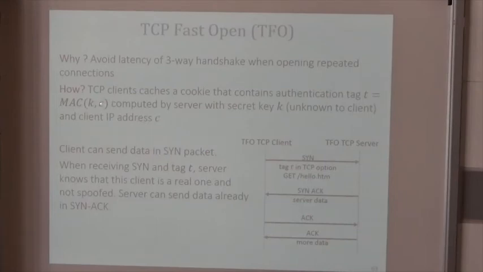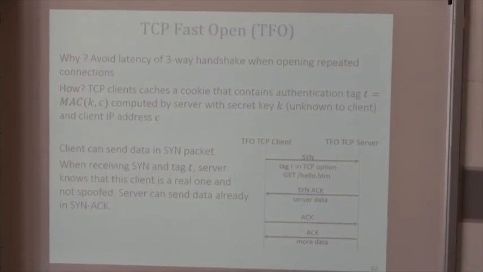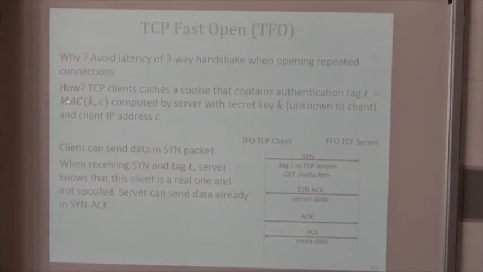So that's the same idea I said about cookies. So here is in detail how this cookie is done. You compute, using a cryptographic hash function, what is called a tag. A hash function is something that computes a number between 0 and 1, or a sequence of 64 bytes, for example, that appears to be completely random, but is in fact completely deterministic if you know the secret key.